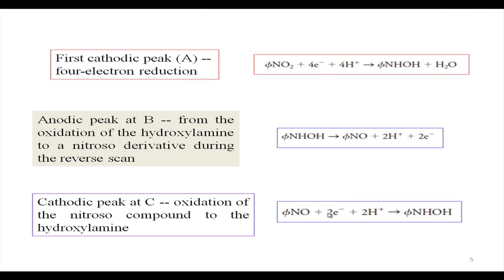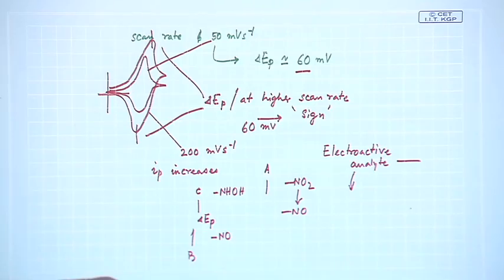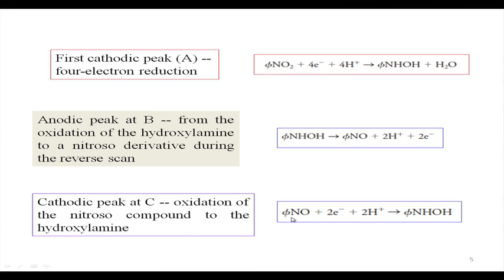Again it is 2 electron 2 proton transfer, as we all know that whenever electron transfer goes in one direction, proton transfer will be in the other direction in terms of the electrodes concerned. So this phi NO and this 2 electron transfer will give back this. If we cycle it back, you will get a reversible peak for these two.